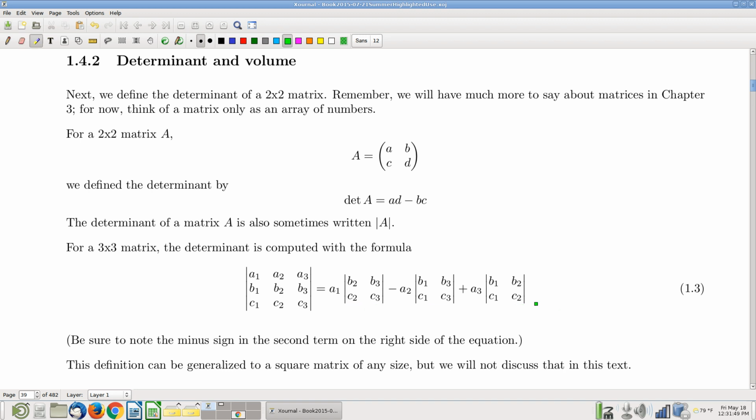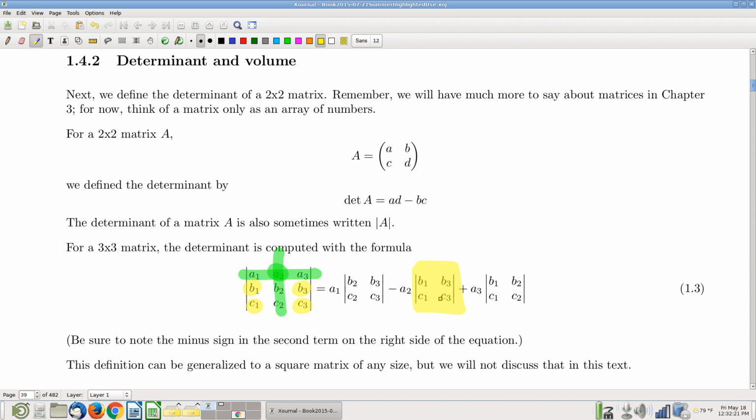The way you can think about this is that we're going along the top row, A1, A2, A3. For each position that we're in on the top row, for example, let's look at the A2, you cross out the row that it's in, you cross out the column that it's in, you look at the remaining four elements, and you make a matrix out of them.